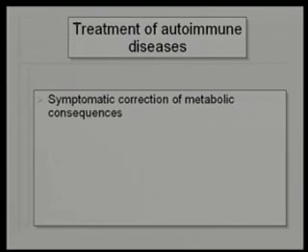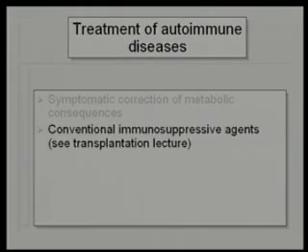Treatment: systemic corrections of metabolic consequences. Thyroiditis, thyroid hormone dysregulation, is corrected by iodine, radioactive iodine or other means if it is hyperactive. Conventional immunosuppressive agents: in your transplant lecture, remember that I showed you tables, and you've got tables in your handout.